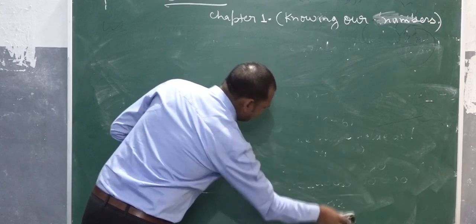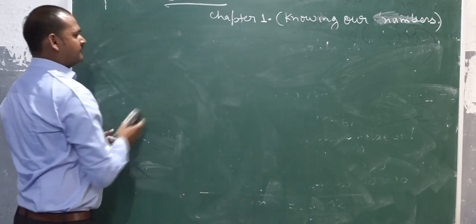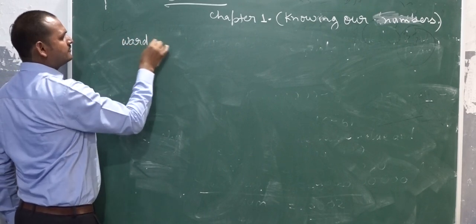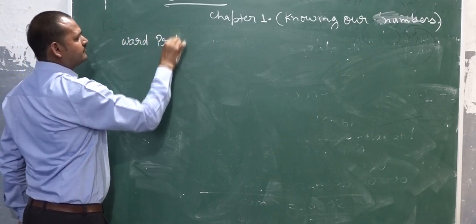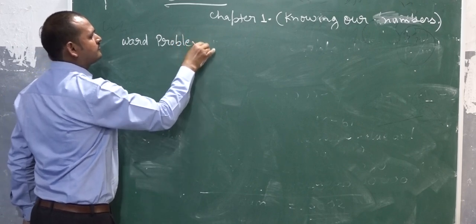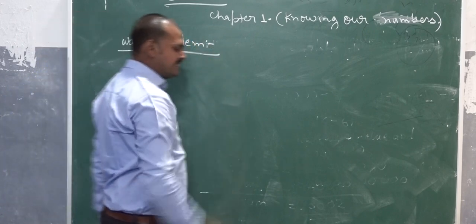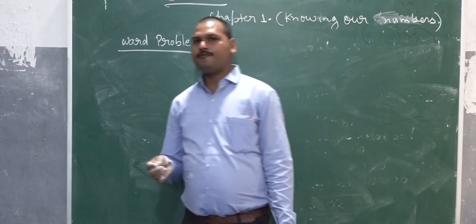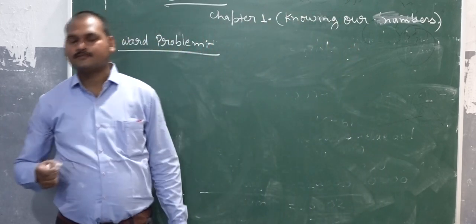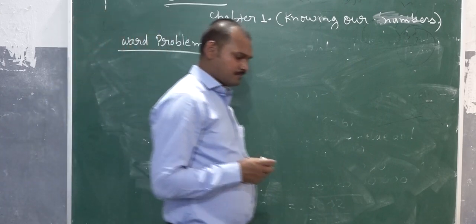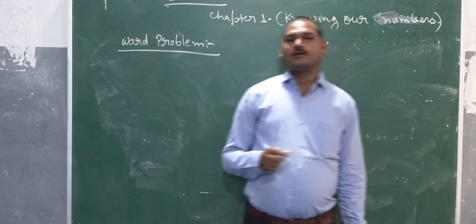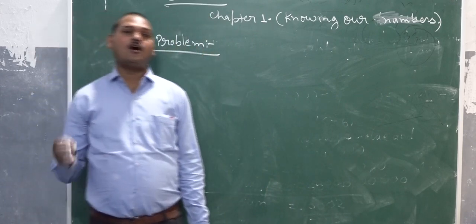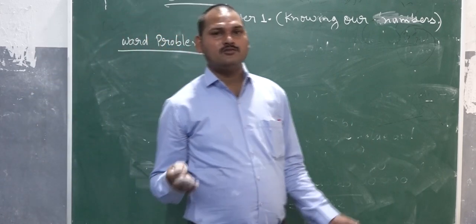The next topic is word problem. In this type of question, they ask: if you buy a 2 rupees pen and you have 50 rupees, then how many pens can you buy?